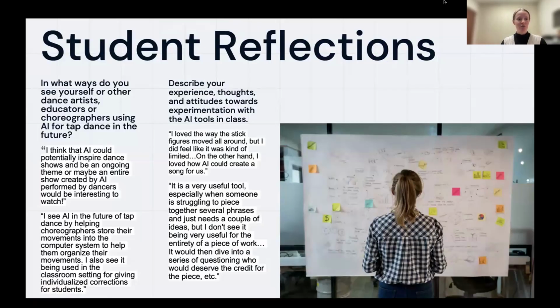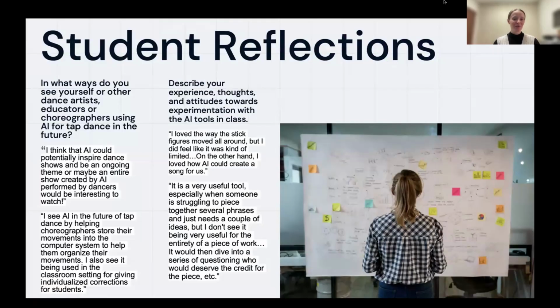So in their discussion board assignment, I had them answer a couple different questions. One of them was, in what ways do you see yourself or other dance artists, educators, or choreographers using AI for tap dance in the future? I focused on tap dance specifically because that was the technique class that we were in, but some of them mentioned other genres as well.